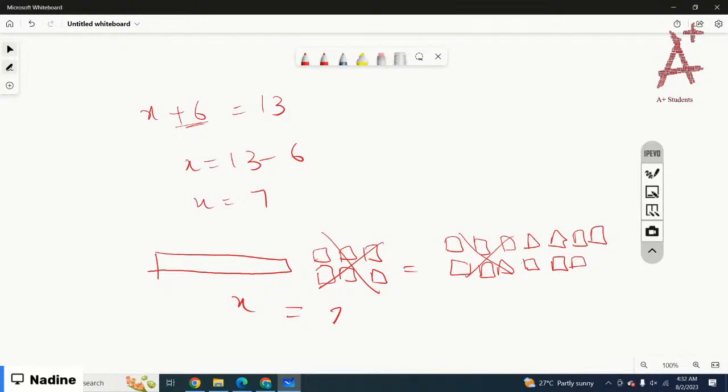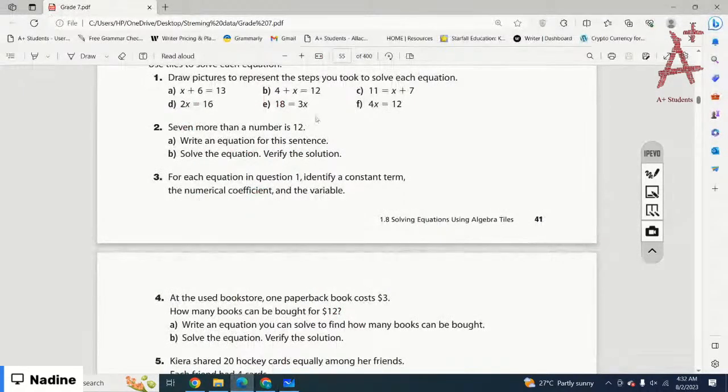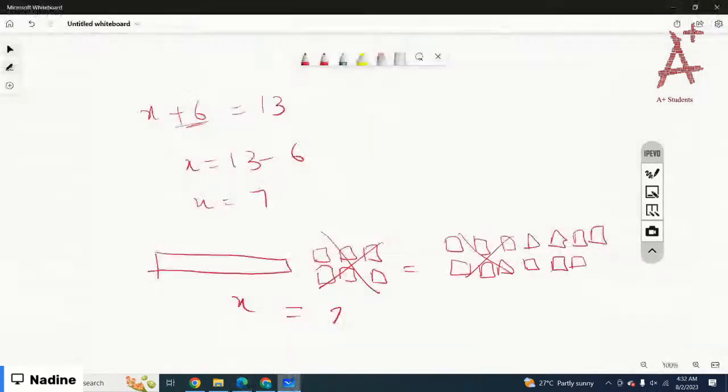Okay, the next one is 11 equals x plus 7.